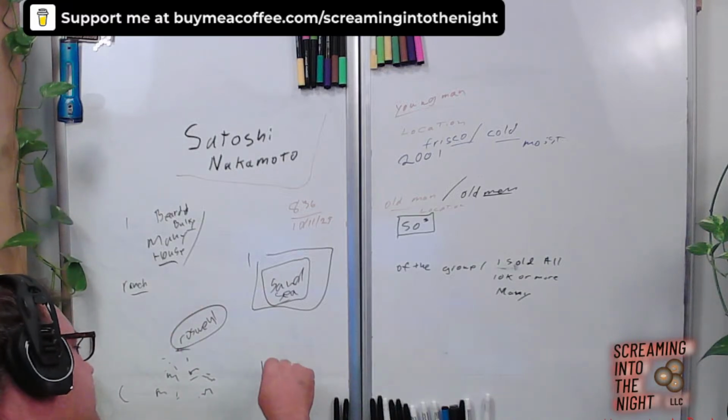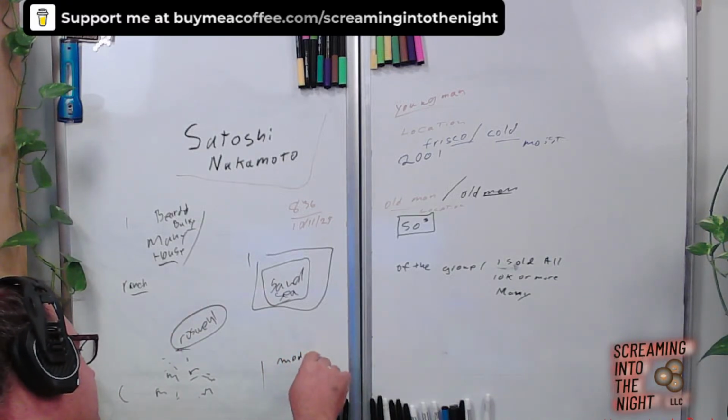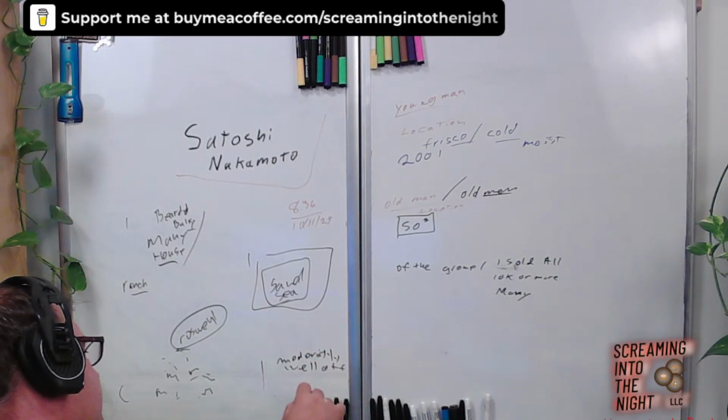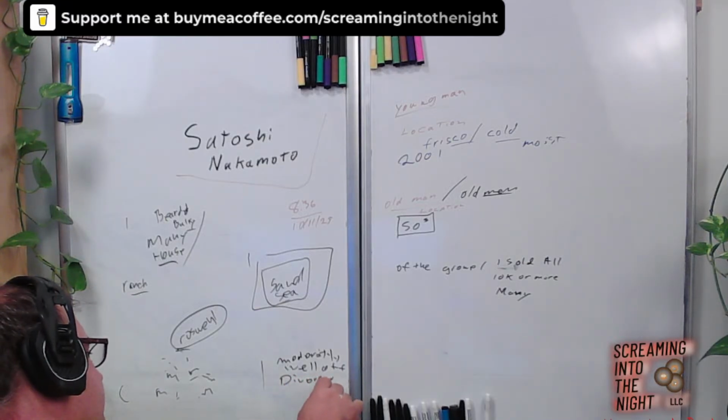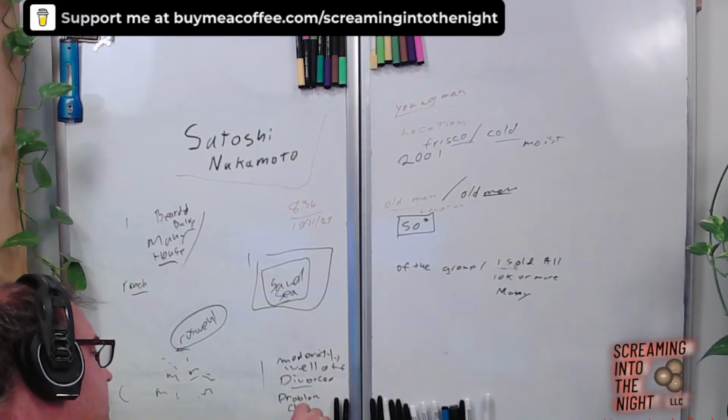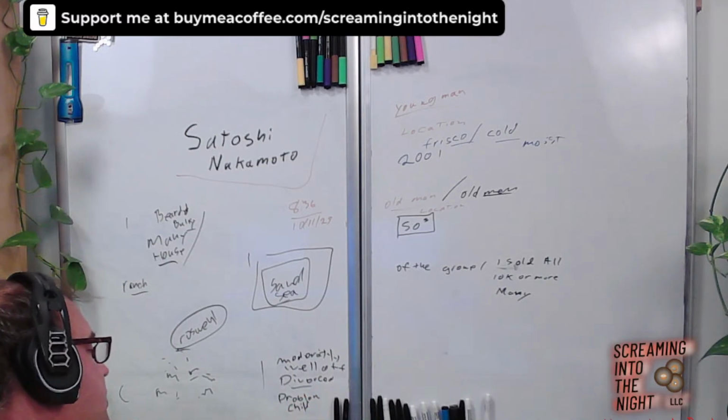He's moderately well off. Divorced. Problem children. Or child. I don't know. Problem child.